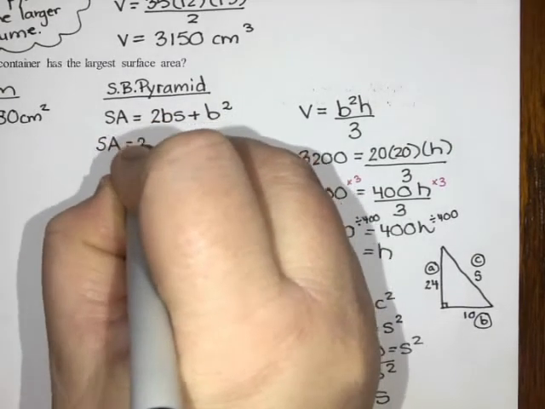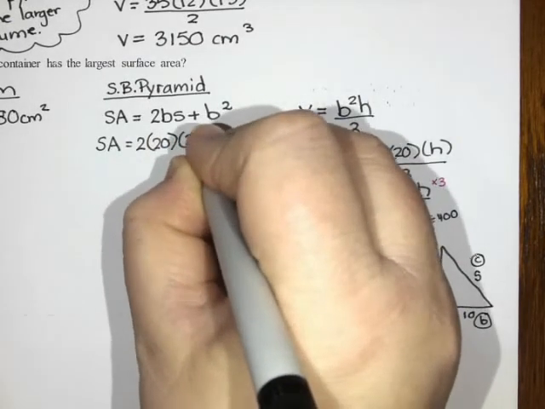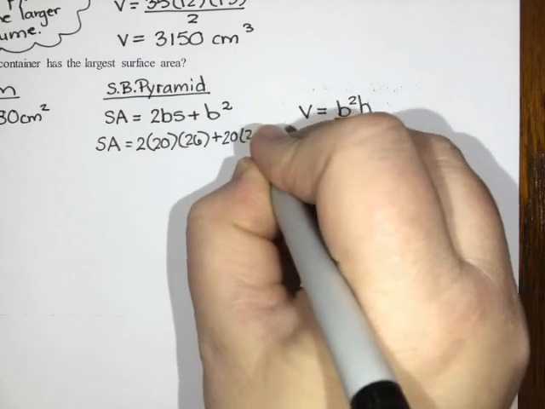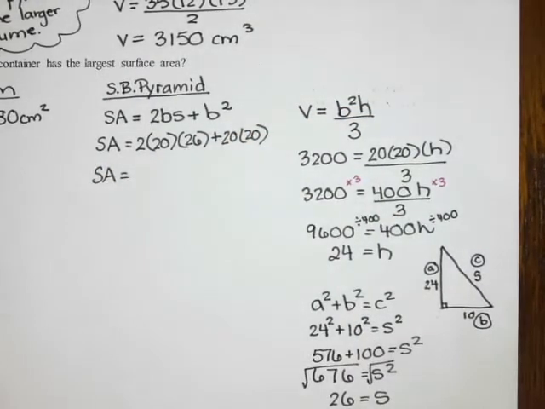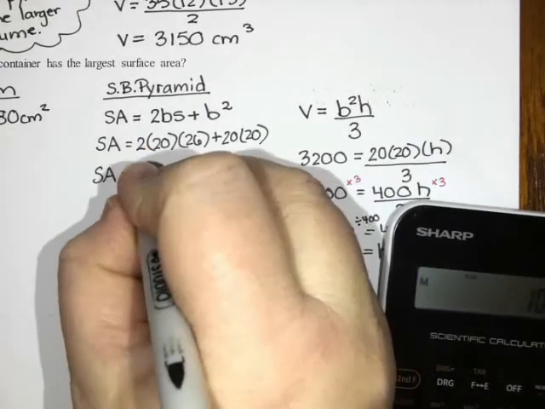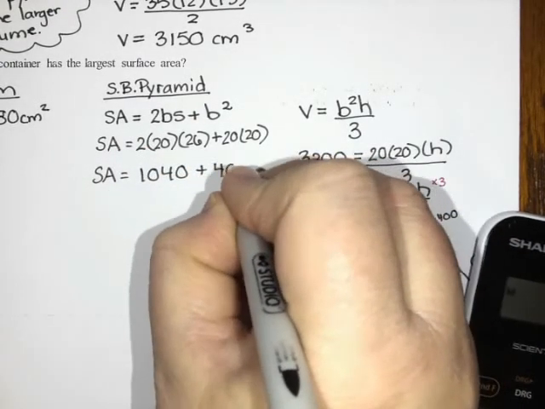So it is 2 times the base, which is 20, times the slant, which is 26, and then plus base squared, so 20 times 20. I'm going to multiply first. So 2 times 20 times 26 is 1,040. 20 times 20 is 400.